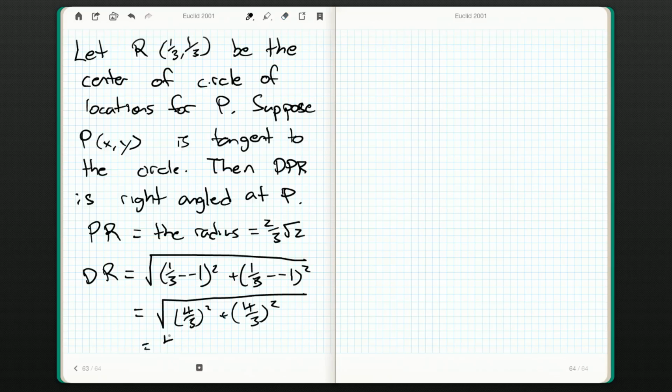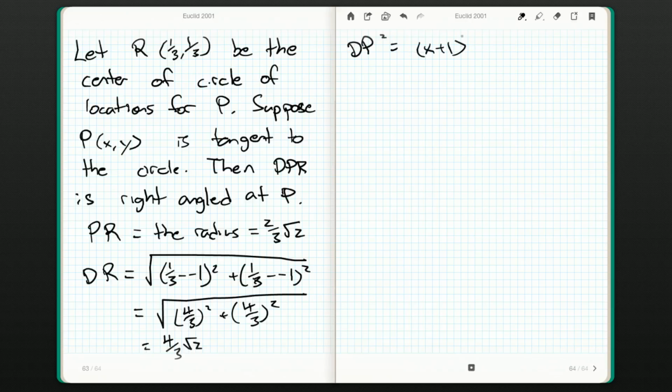I do believe we have a 30, 60, 90 triangle on our hands. 4/3 root 2 there. And so DP squared, we did this calculation a little while ago, is (x plus 1) squared plus (y plus 1) squared.